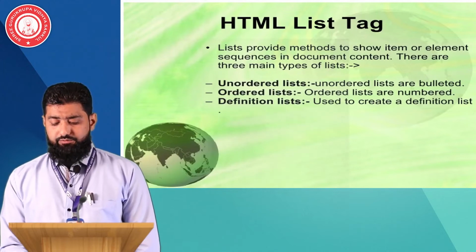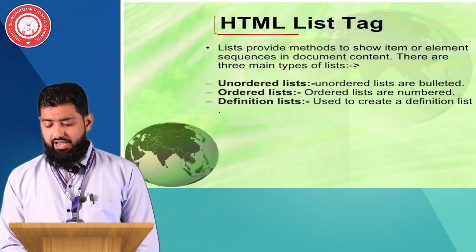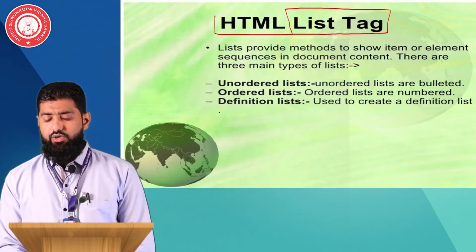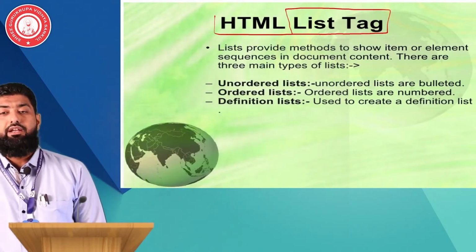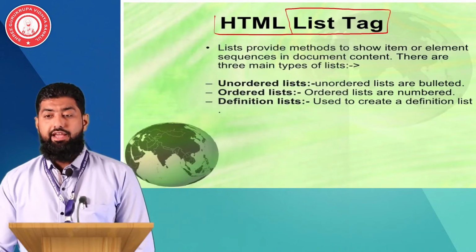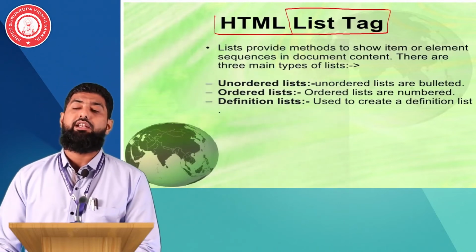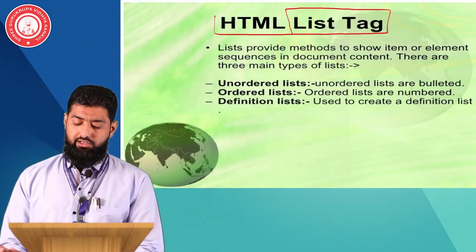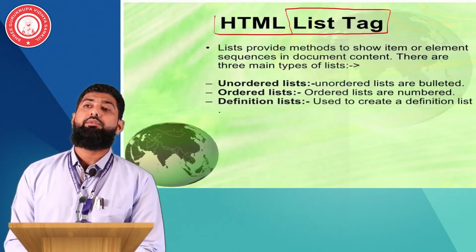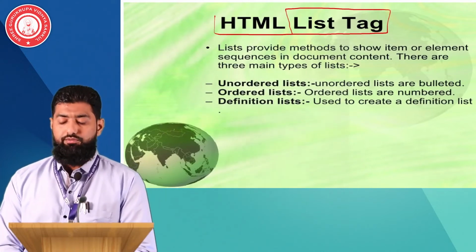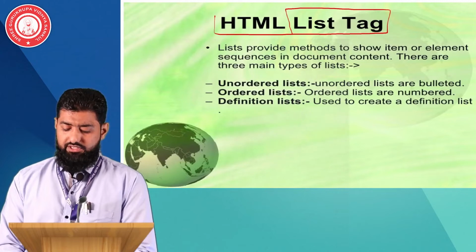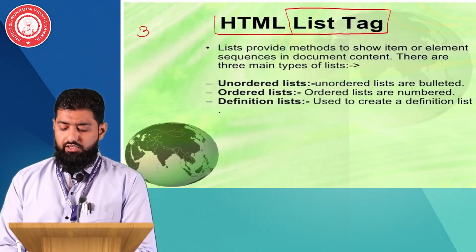After that, we have a next tag, and that is the list tag. In day-to-day life, we need to make some lists, and sometimes we write content that is used in our article, and sometimes we make a definition list. So we have three total lists.